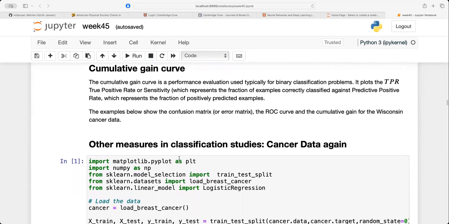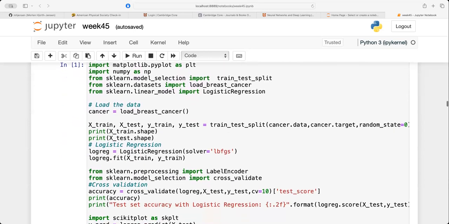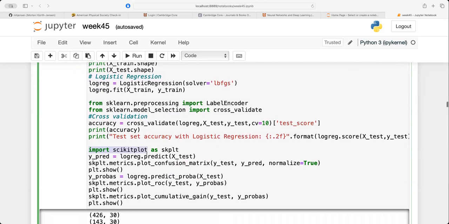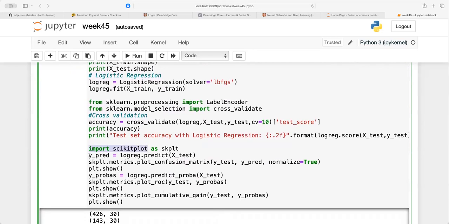Now, if you want to implement these things, if we go back to this cancer data, the only thing you need to do is import the package scikit-plot. Then we run the logistic regression and make our prediction here. If you want to plot the confusion matrix, the only thing you need to feed in are the test data you have and your prediction on the test data.